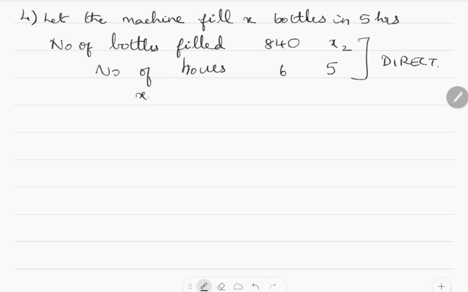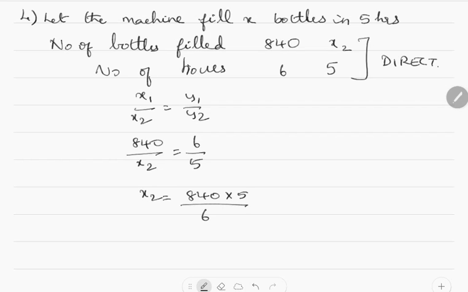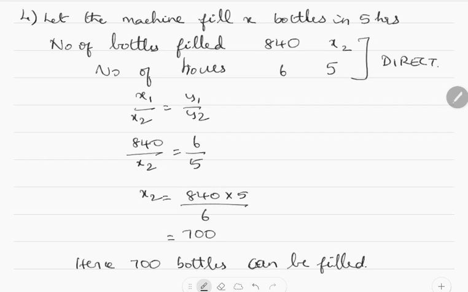So we can have it as x1 by x2 is equal to y1 by y2. 840 by x2 will be equal to 6 by 5. x2 is 840 into 5 divided by 6. It is equal to 700. So hence 700 bottles can be filled.